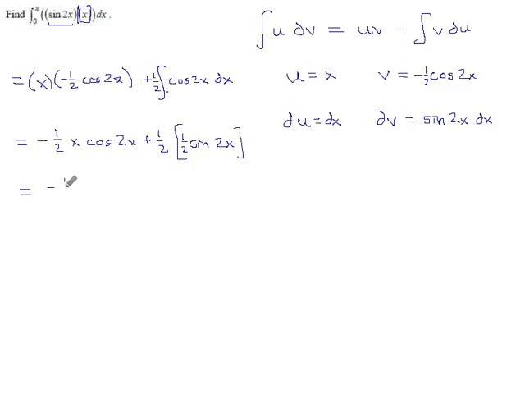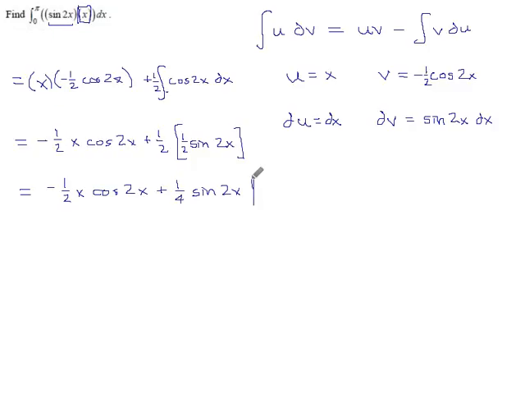So we get minus 1/2 x cosine 2x plus half times a half. There's our antiderivative. You can actually differentiate this if you want to check it. And after some cleanup and collecting terms, you should find that you get back to x sine 2x.